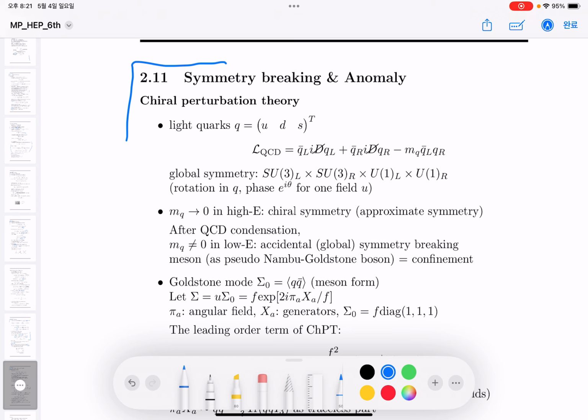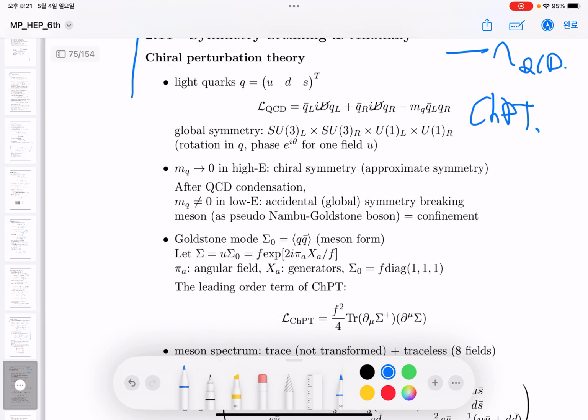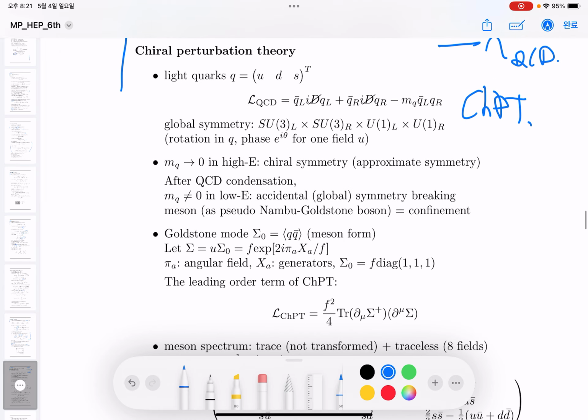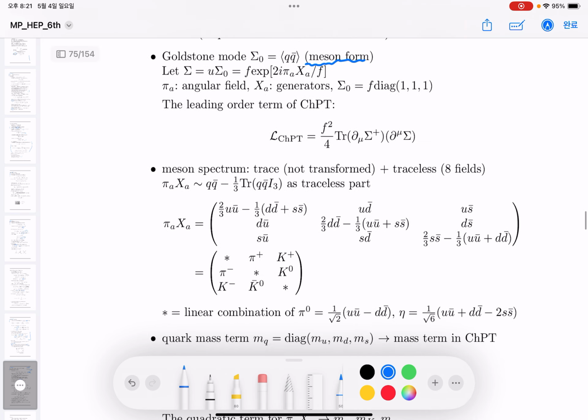First of all, in QCD, there will be the QCD breaking scale, and above that there's QCD, but below that there will be the chiral perturbation theory. So below such a QCD scale, the quarks are confined, so they form the baryons and mesons. And these mesons can be described by the chiral perturbation theory as an effective field theory.